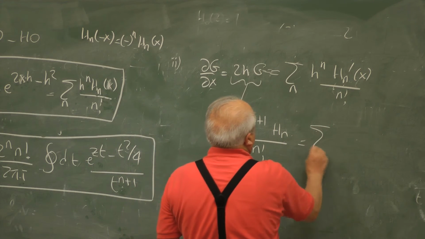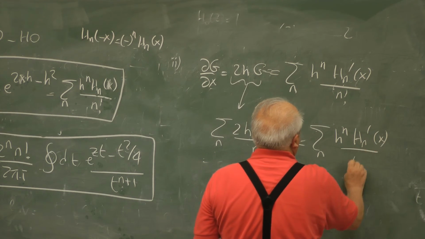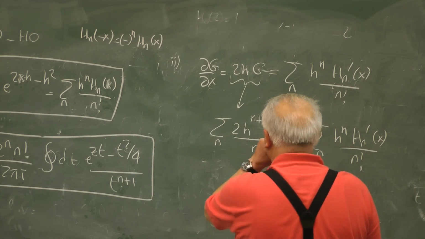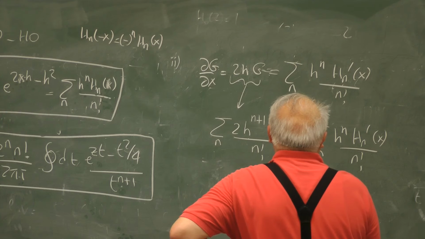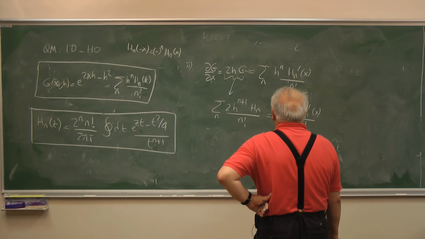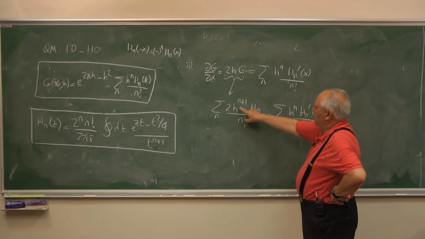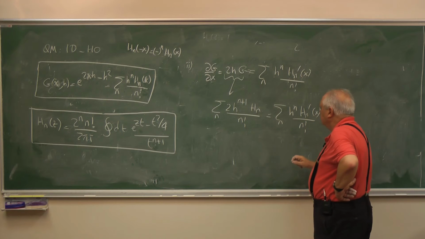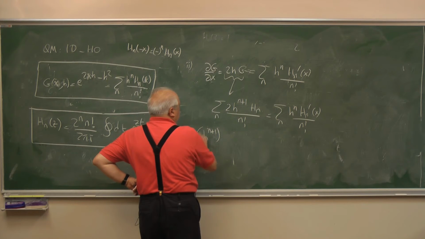That's equal to sum over n of h to the n, Hn prime of x over n factorial. So this goes as h to the n plus 1. So let's make this n plus 1. I'm looking at the coefficients of h to the n plus 1. They have to be equal.